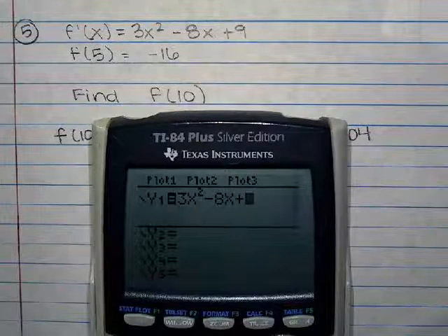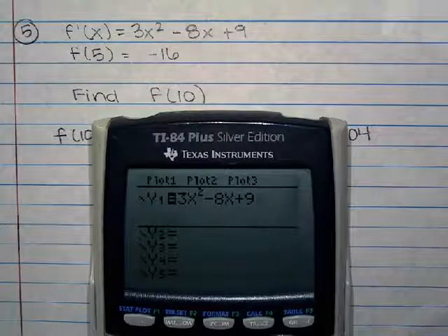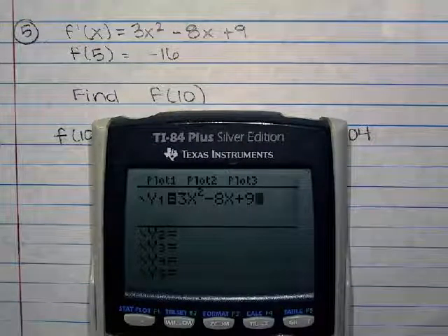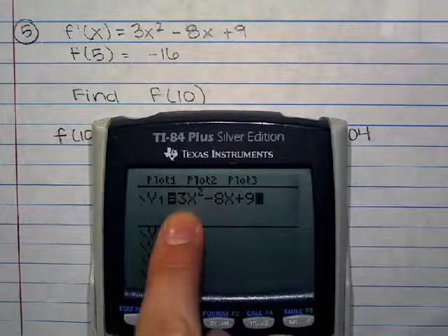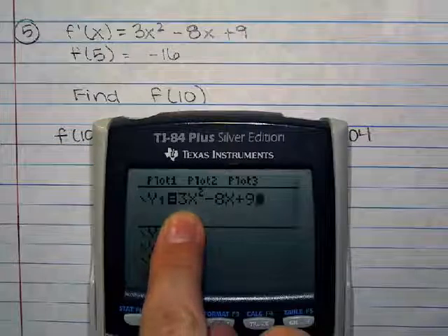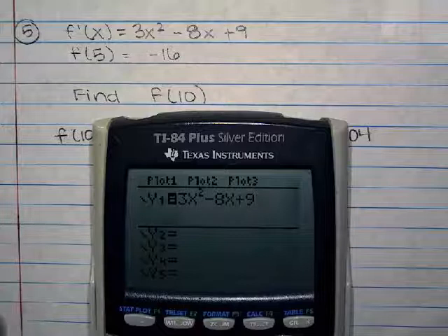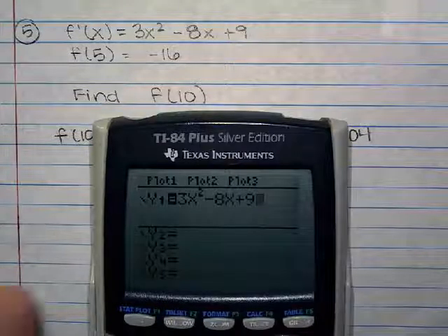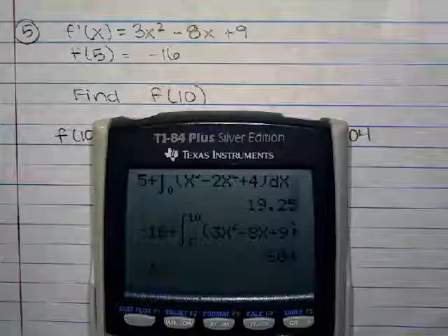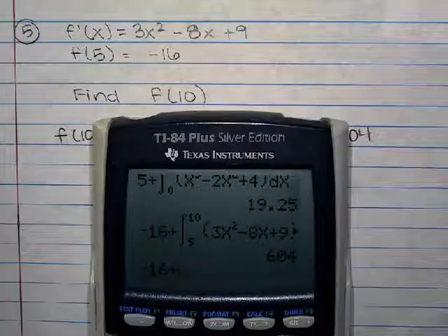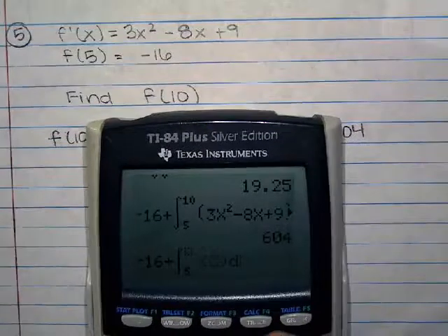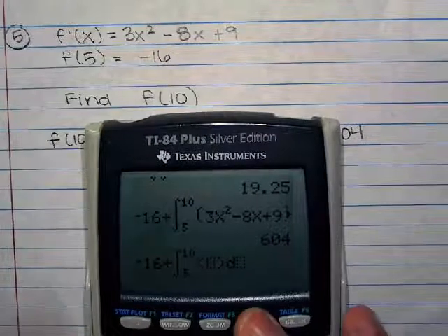We should type it in once to y1 and make sure there's no typos. And then after that, instead of typing it, we should do negative 16 plus math 9 from 5 to 10, and just use y1 in here. Because then we know that we're safe from typos every single time we use it.